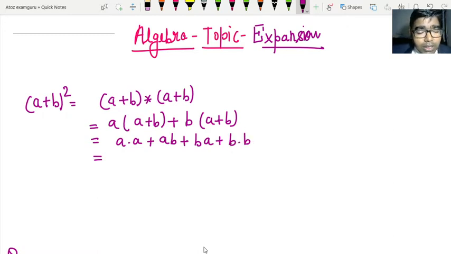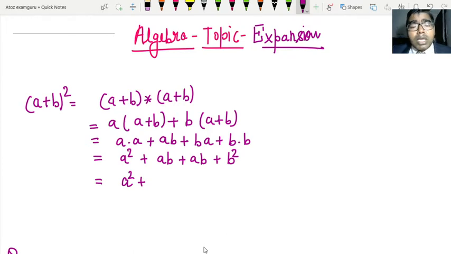Then this will become a into a, that is a to the power 2, plus ab. This is ba, you can write it as ab because it is the same thing, and b into b means b power 2. So you can write it as a square, ab it is 2 times, so you can write it as 2ab, and this can be written as b square, right friends?